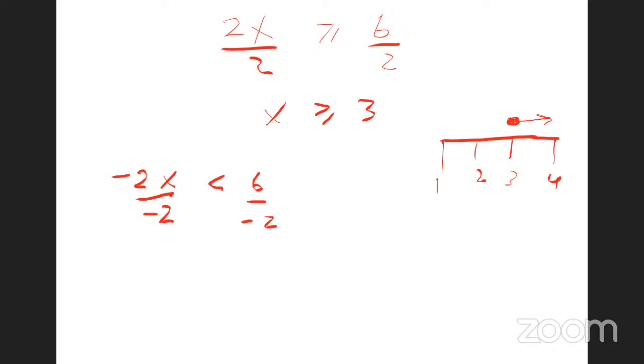So it becomes what? X is what? It becomes X is more than -3. That's okay? So you show it on a number line.